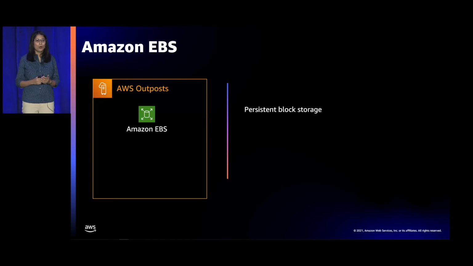As Manish mentioned, all EBS volumes and snapshots are encrypted by default. So persistent workloads on Outpost are useful for a variety of applications, ranging from databases to application servers that need you to do the local processing on-prem.